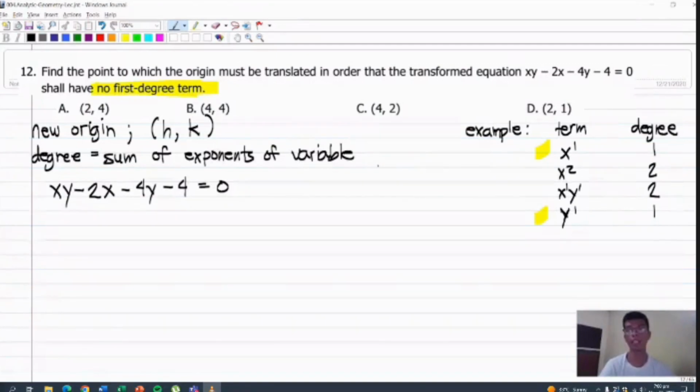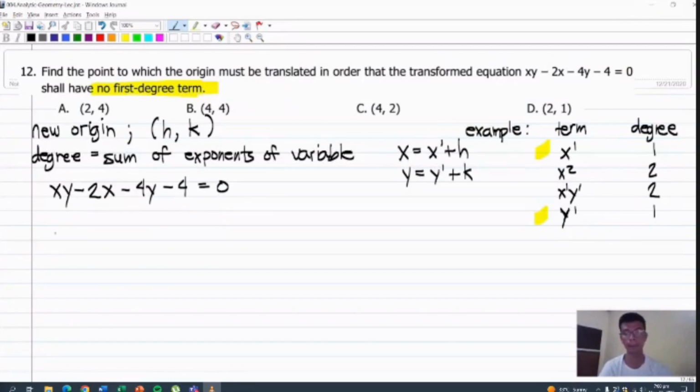With the new origin comes x prime and y prime. And as in problem number 11, the old x is equal to x prime plus h, and the old y is equal to y prime plus k.